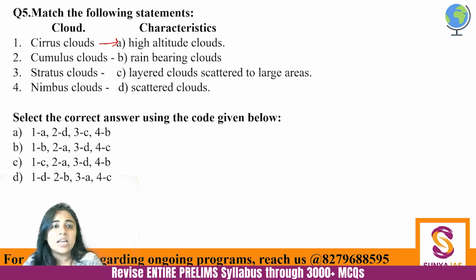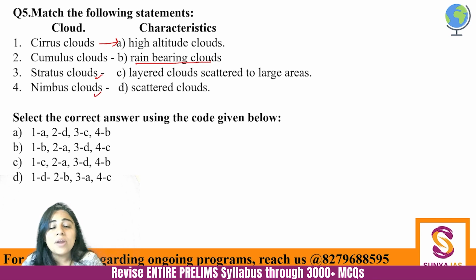Then cumulus clouds. Would they be rain bearing clouds? They could have rain, but what is a better suitable option for rain bearing clouds? It would be either stratus or nimbus.